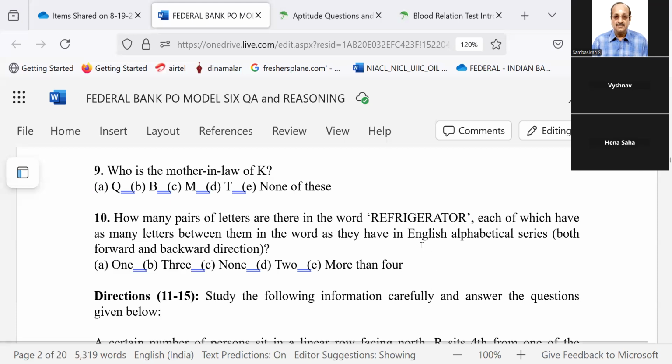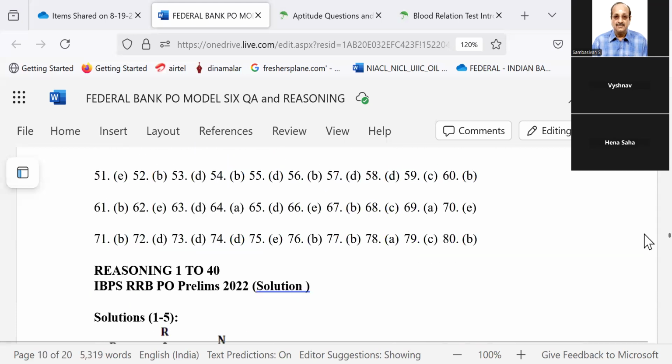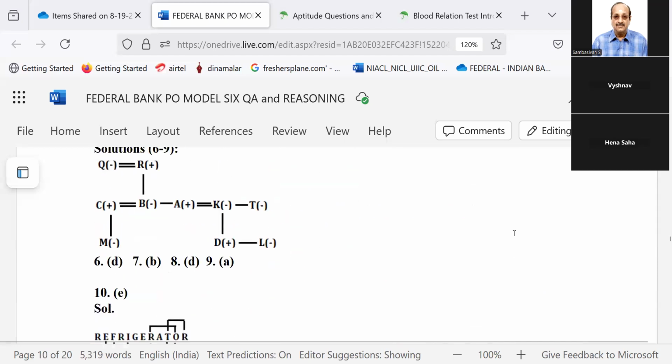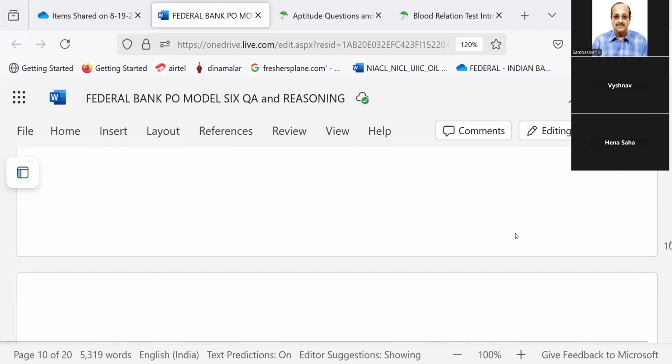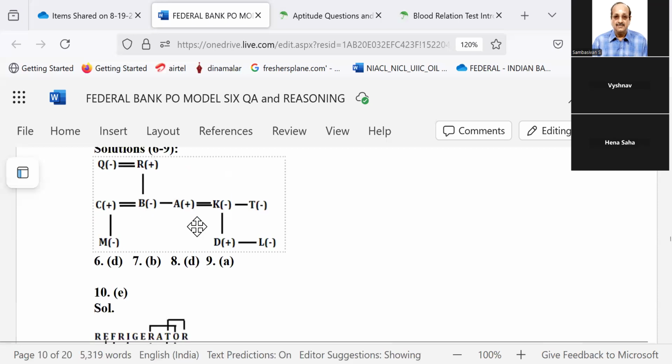Okay. If I show you the screen, you will know. See the screen? Refrigerator.